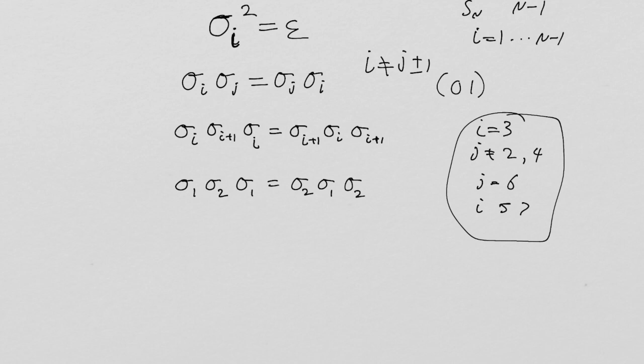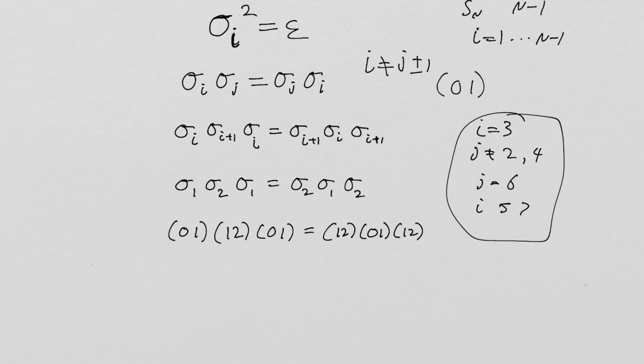And if we understood sigma to be transpositions, we might think, okay, if sigma 1 is a transposition between 0 and 1, and sigma 2 is a transposition between 1 and 2, then sigma 1 sigma 2 sigma 1 should be the same as this expression.